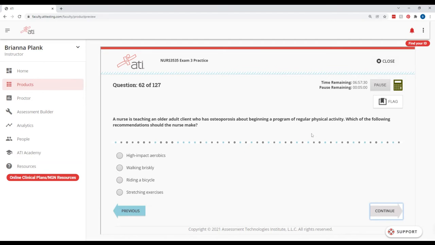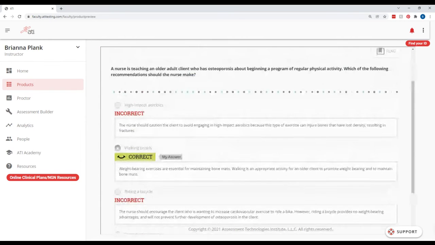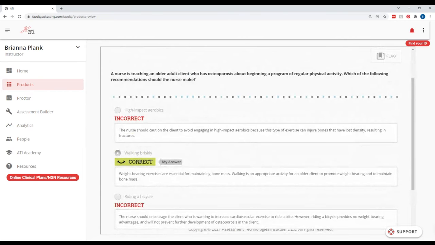Okay, we're going to begin a program of regular physical activity. What recommendations do we want to make for an older adult client who has osteoporosis? It's B for this one. Yeah, so we don't want them to do anything too crazy, like riding a bike sounds like a terrible idea.